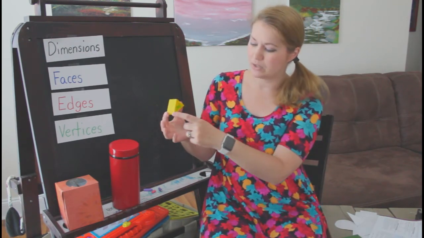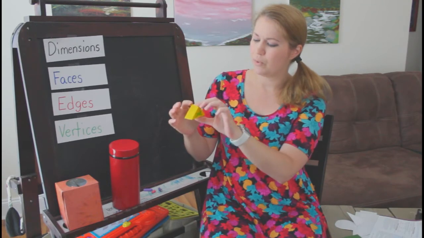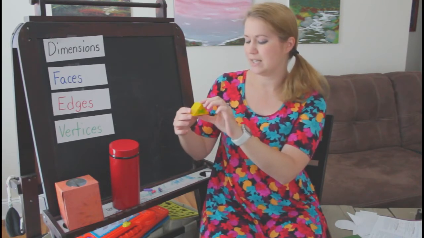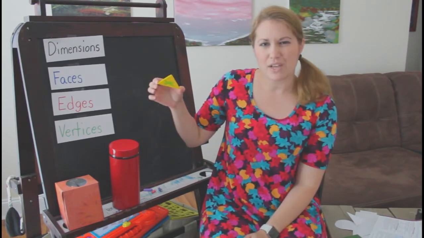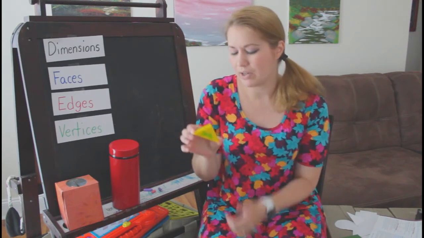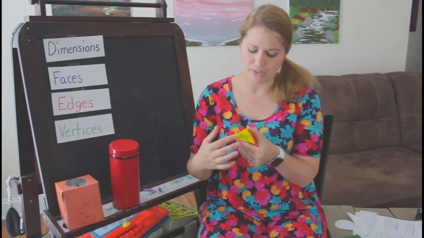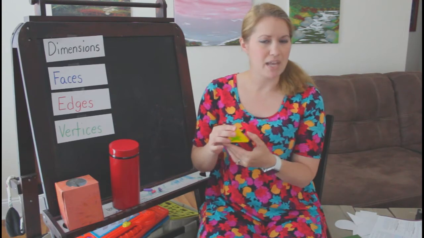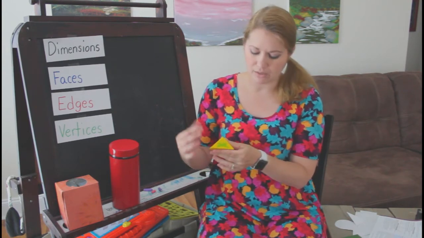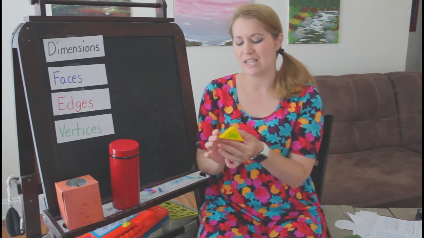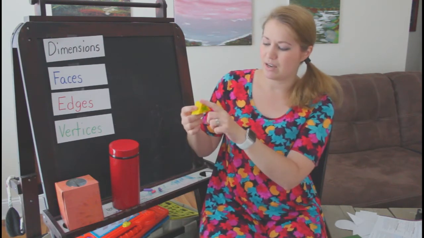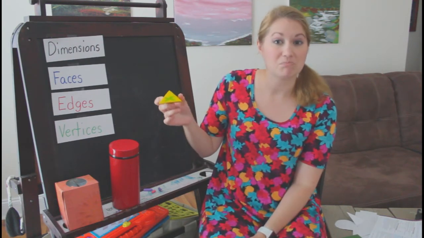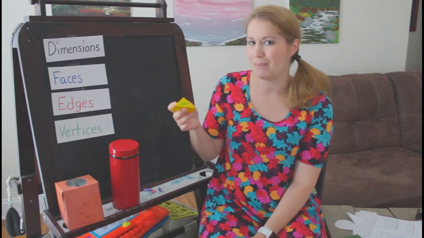We have 1, 2, 3, 4, 5, 6. You know, I'm noticing something. Every number that we've come up with on this triangle has been a multiple of 3. Why do you think all of my numbers are multiples of 3 on there? Let me know in a comment.